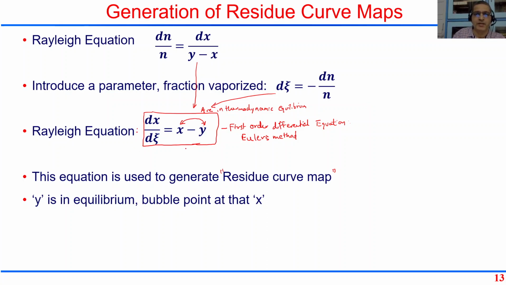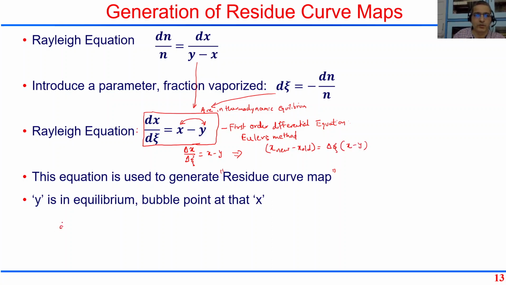dx by d zeta we will say is delta x by delta zeta, equal to x minus y. Or, if you would like, we could say x new minus x old is equal to delta zeta multiplied by x minus y.